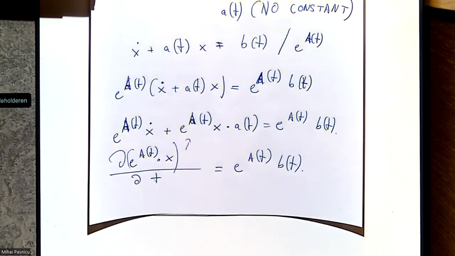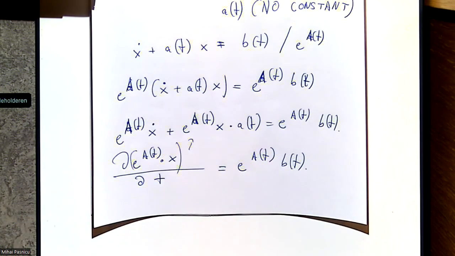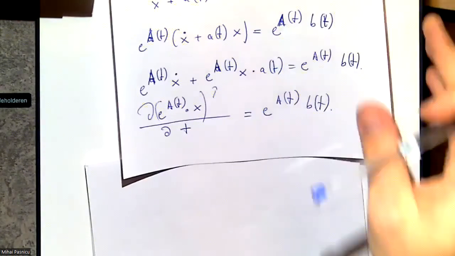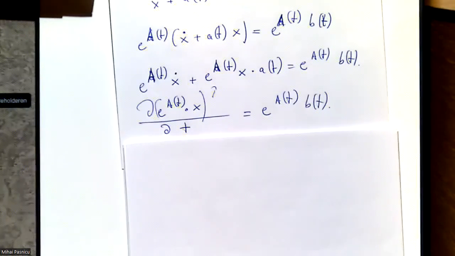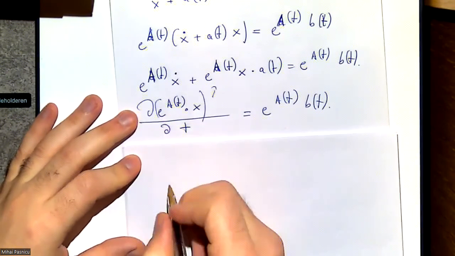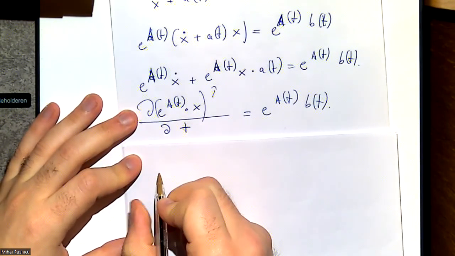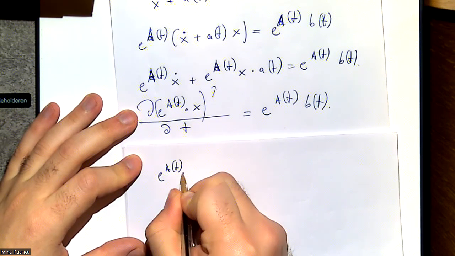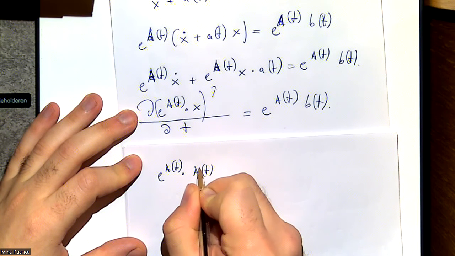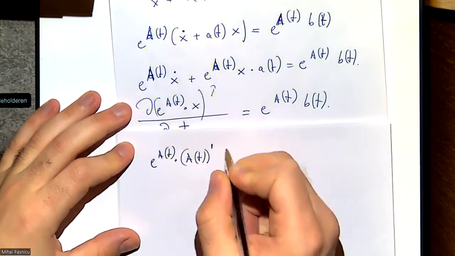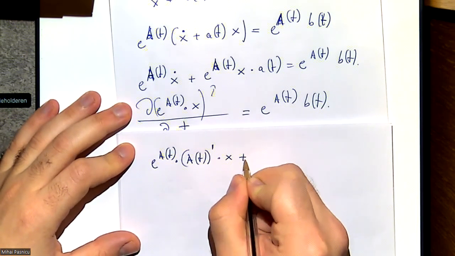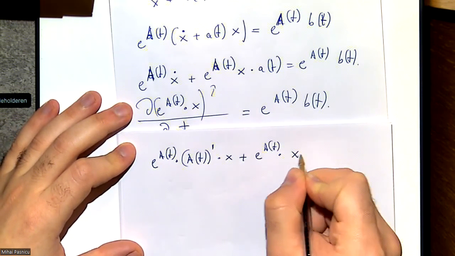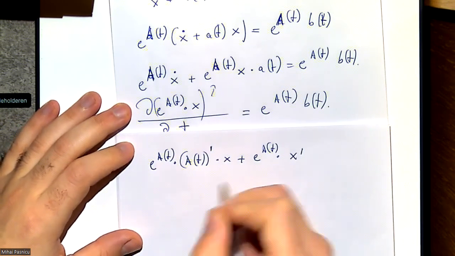Let's actually do that together, so that you're convinced. If we take the derivative of this, we just have a product rule. So I have e to the A(t) times the derivative of A(t) times x, plus e to the A(t) times the derivative of x.